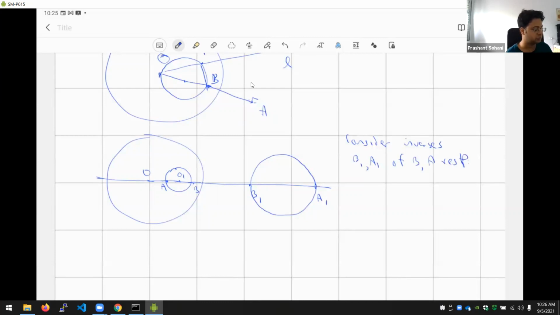By the way, you will find out that the center doesn't go to the center, unfortunately. If I call the centers O1 and O2, they are not inverses of each other.